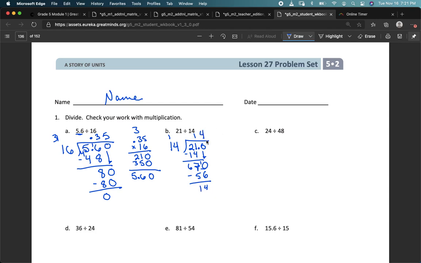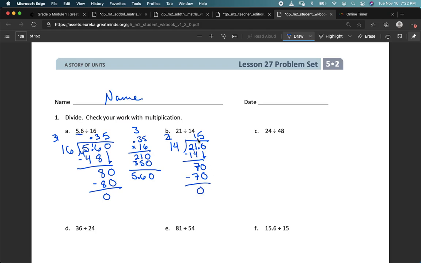So I'm going to erase the 4, and I'm going to erase these numbers here. Try again. Oops. Okay. And now I'm going to put the 5. 5 times 4 is 20. Carry the 2. 5 times 1 is 5, plus 2 is 7. And now I have 0 there.